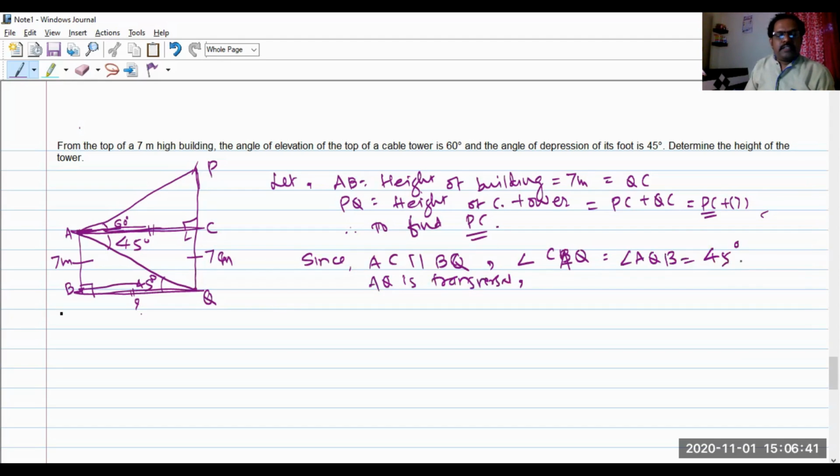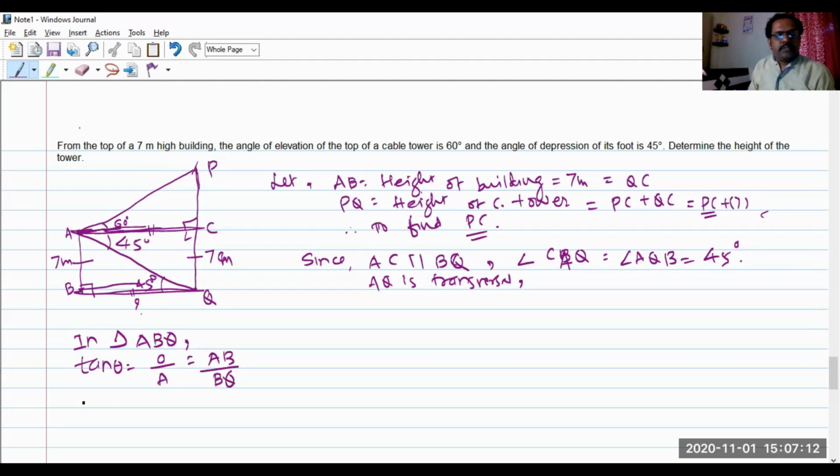So now first we consider a right angle triangle ABQ, in which the angle 45 degrees is known, the opposite side is known, and we need to find the adjacent side. The ratio in terms of opposite side and adjacent side is tan theta. Tan theta is opposite by adjacent, where the opposite side is AB and the adjacent is BQ.